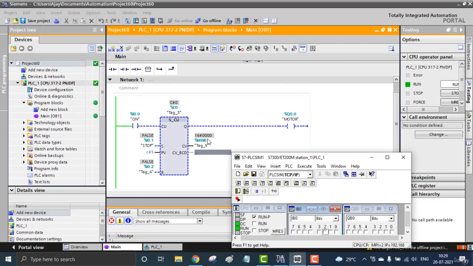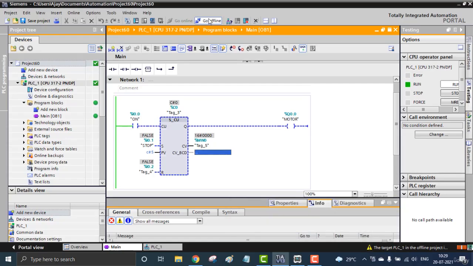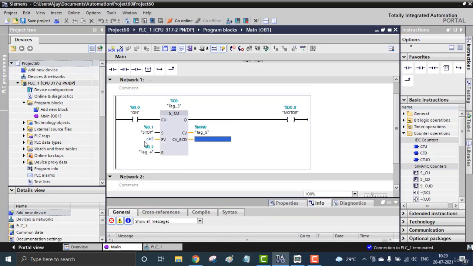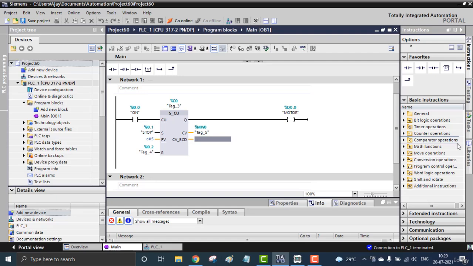Okay, so anyway, it's the up counter, and I just want to get the output when 5 pulses are there. That's why I'm using counter comparators or comparison blocks. You can see comparator operations right here.